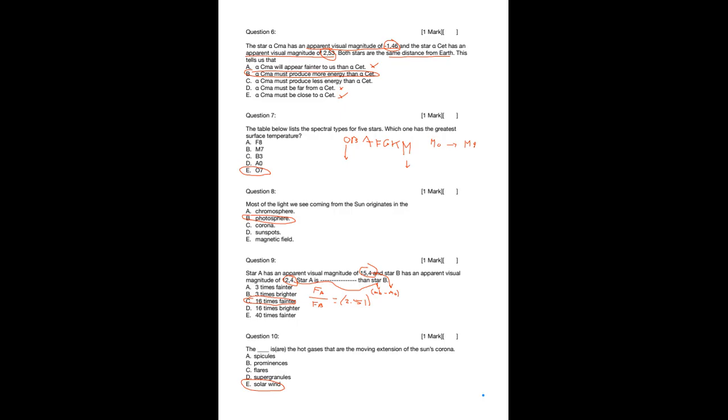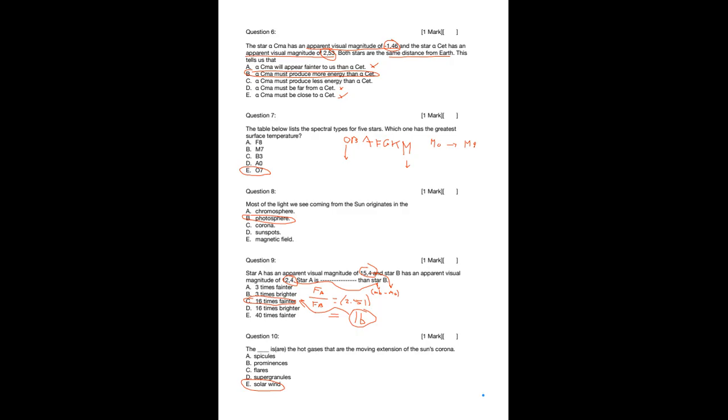Now when we plug this into our formula and do the calculation, this will give us 16. Since star A is fainter than star B, it will be 16 times fainter. Does that answer your question with question number 9?